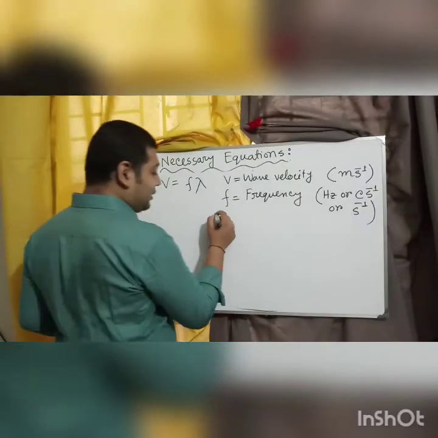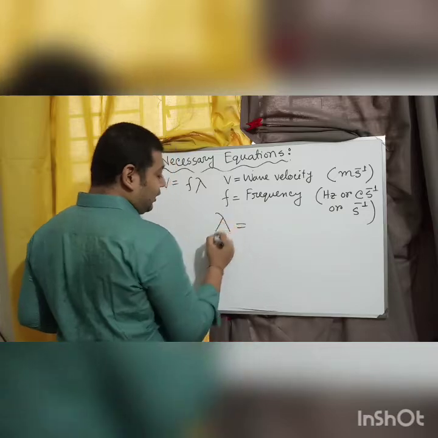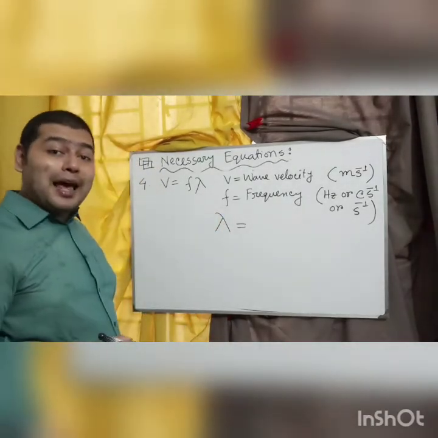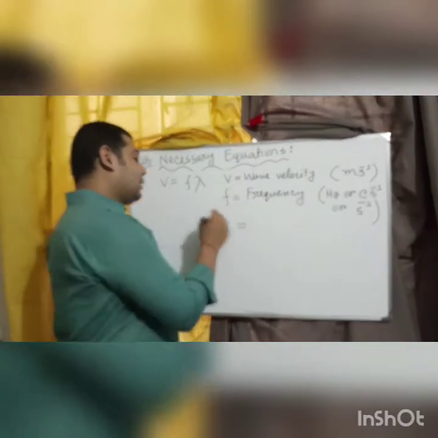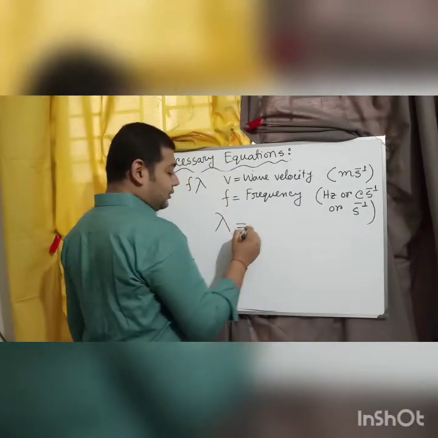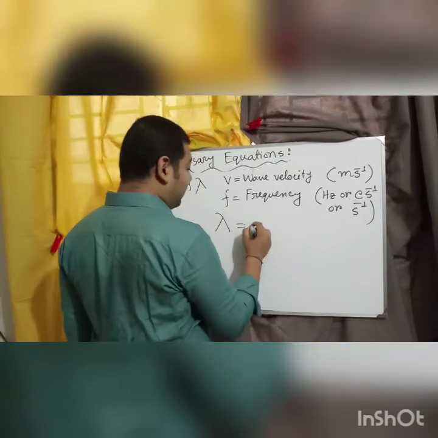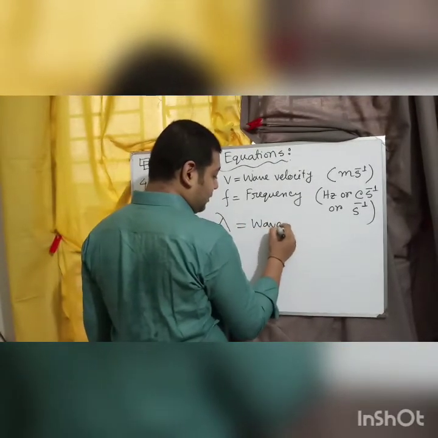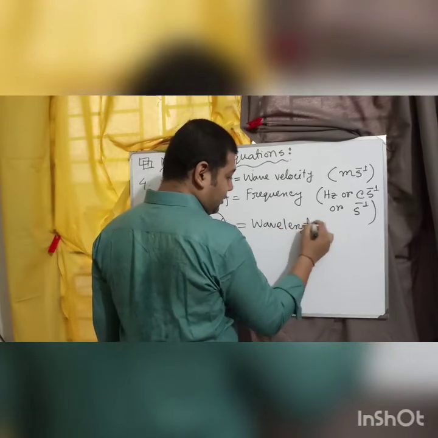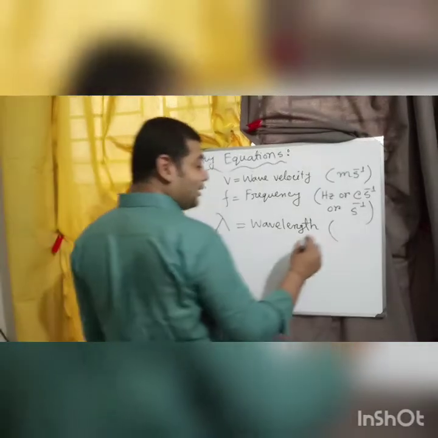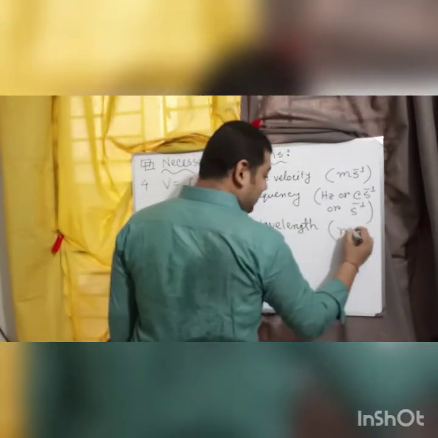Here the symbol λ is called lambda, denoted for wavelength. The wavelength is also a distance, so the unit of wavelength is meter.